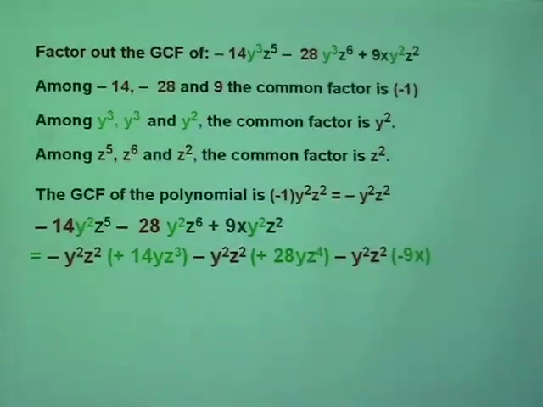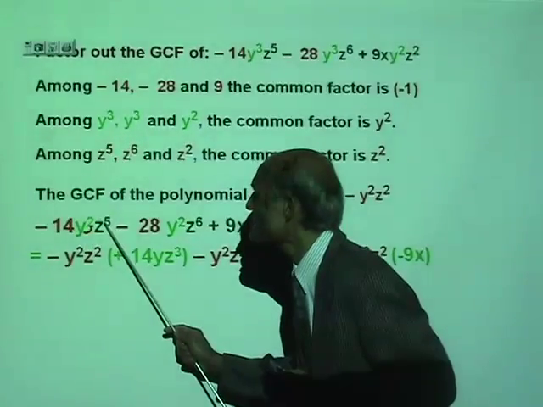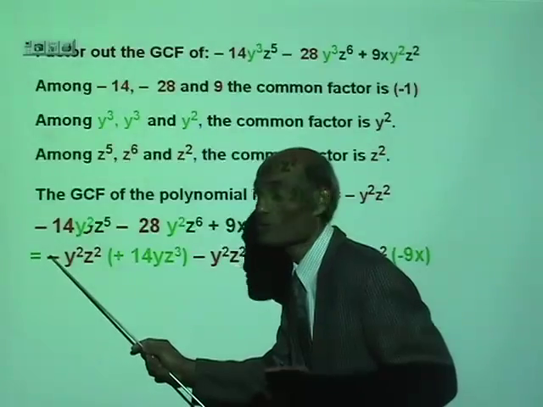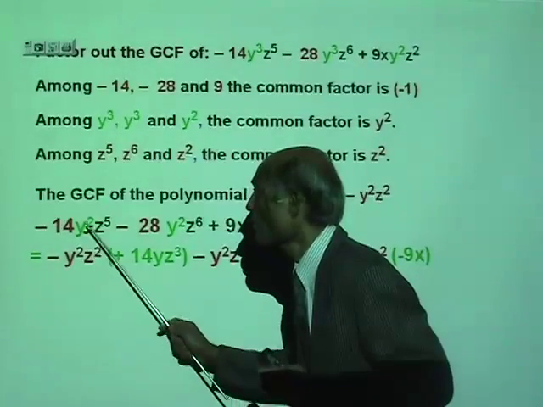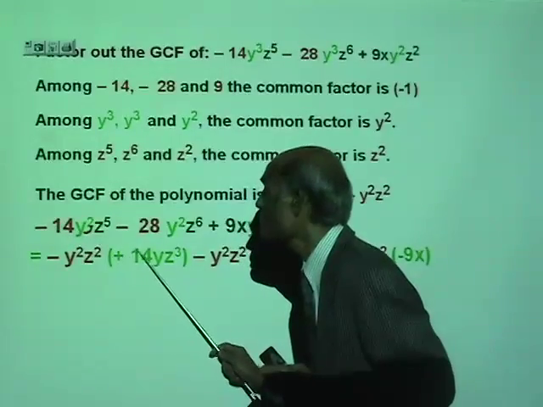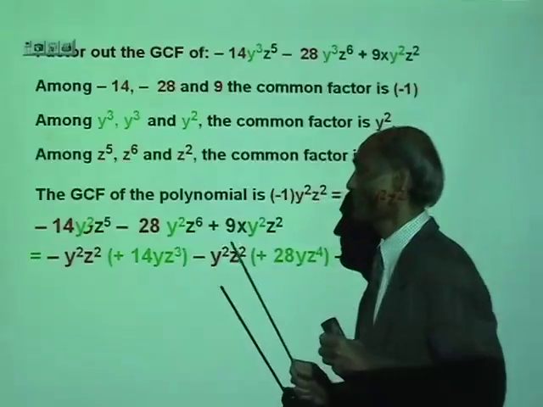So make that small correction. That will be y cubed. So from negative 14 y cubed z to the 5, we factor out a negative y squared z squared. What is remaining is a positive 14 y z to the third.